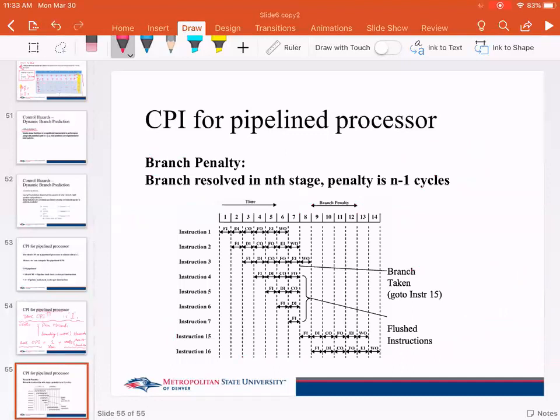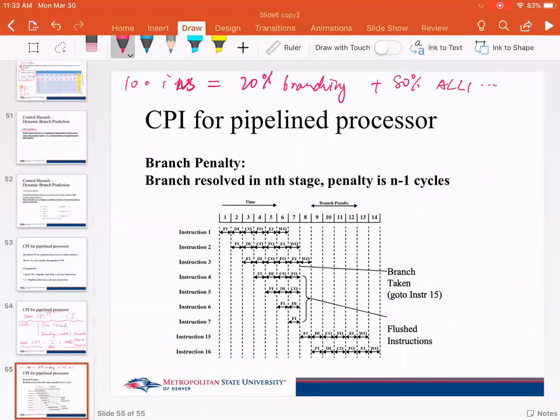However, remember, not all the instructions are branching instructions, right? Suppose you have 100 instructions, and maybe only 20 of them are branching instructions. And the 80% are, for example, basic ALU calculations, some load and store, some other calculations, some other instructions, right?